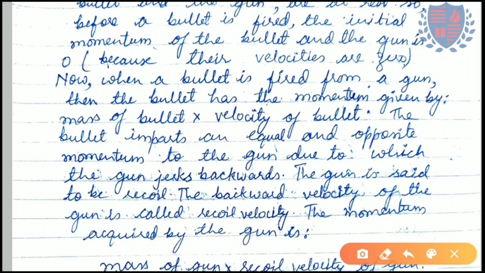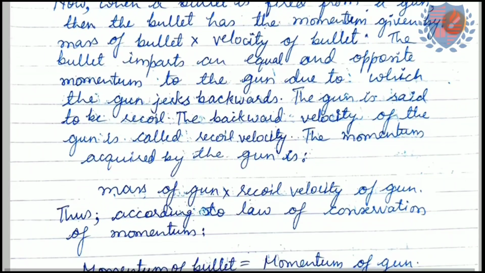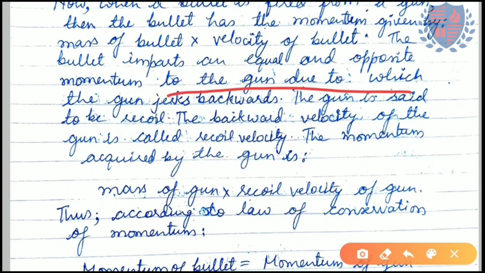Now, when a bullet is fired from the gun, the bullet has the momentum given by mass of the bullet times velocity of the bullet, and the bullet imparts an equal and opposite momentum to the gun, due to which the gun jerks backward. The gun is said to recoil.